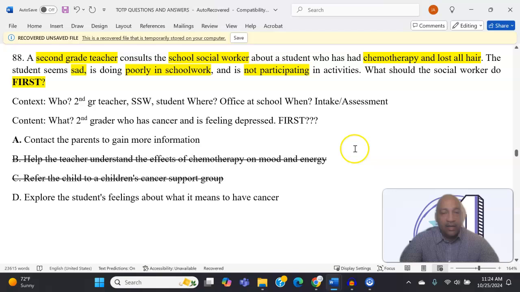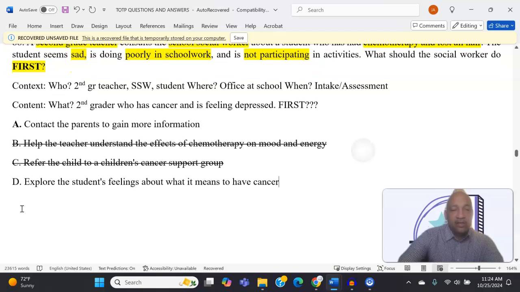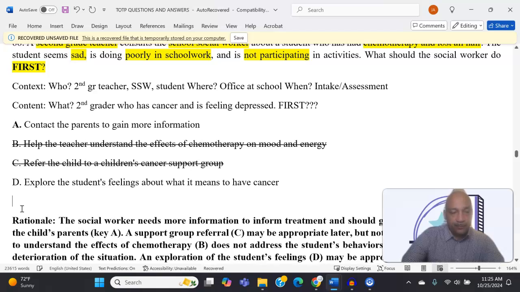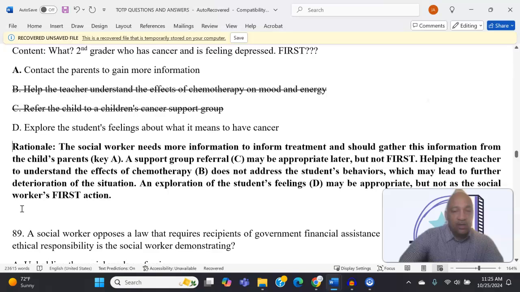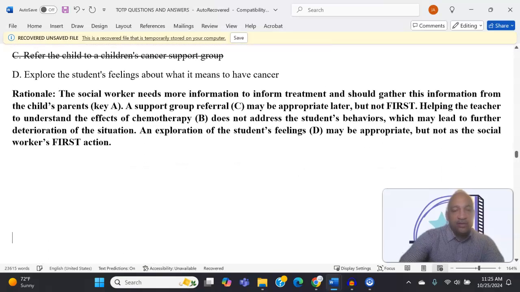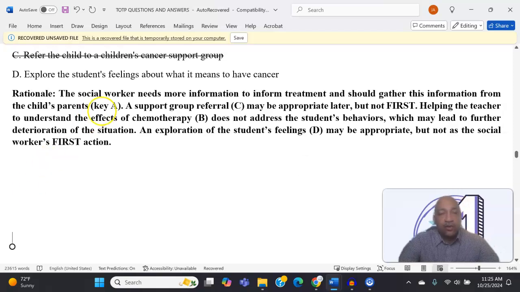So now with that information, I'm going to pull up the key and rationale here on the bottom of the screen, and let's see if we can really break this down for understanding. It says here that the social worker needs more information to inform treatment and should gather this information from the child's parents.